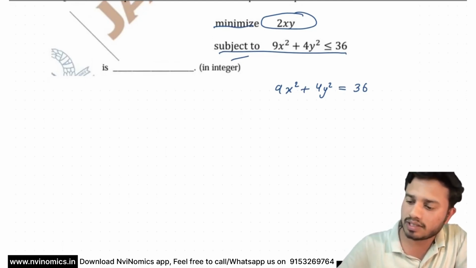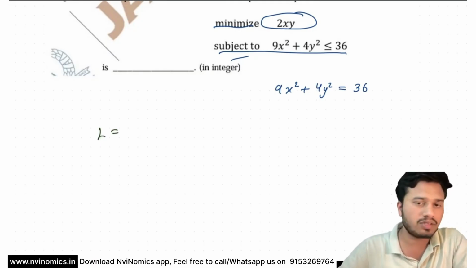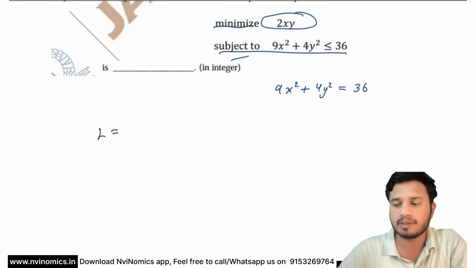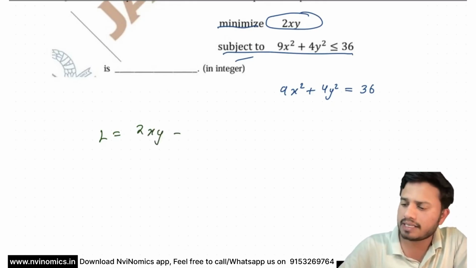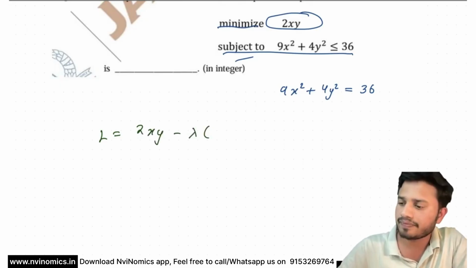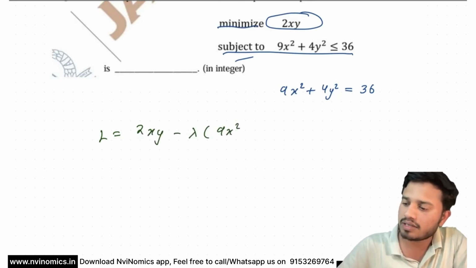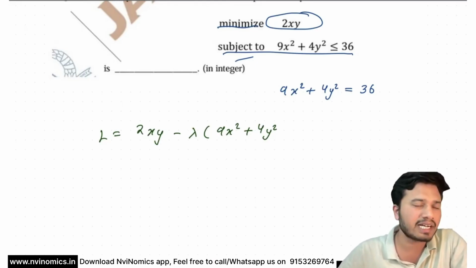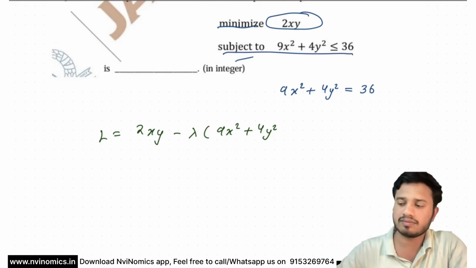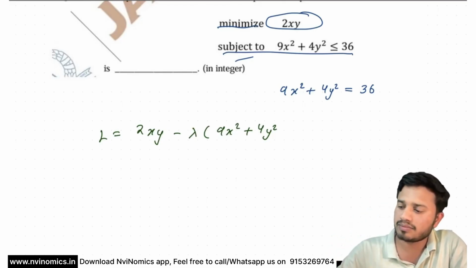Let us denote L as the whole function with the lambda multiplier. Just take 2xy minus lambda times our constraint, 9x square plus 4y square. You can take minus 36 on this side and write it here, or you can leave it. It doesn't matter. Okay, so this is our L.